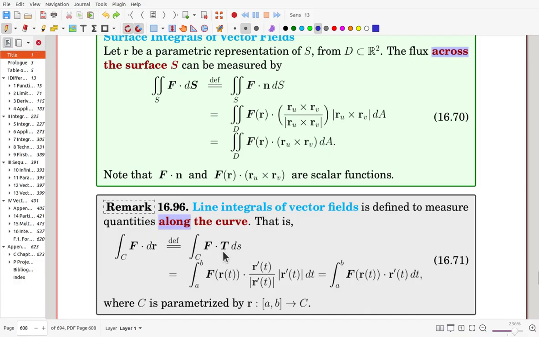And along with known identities, we simplify. So we can use this one for calculation. We are using this formula for evaluation. But sometimes this definition is useful in some examples. We'll see here.